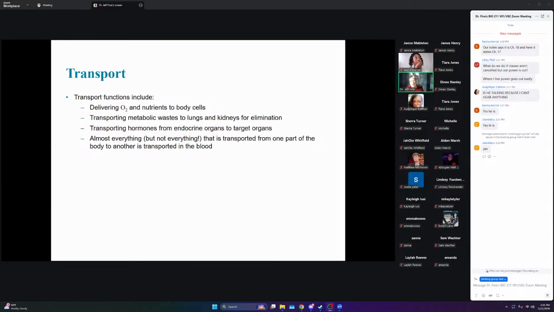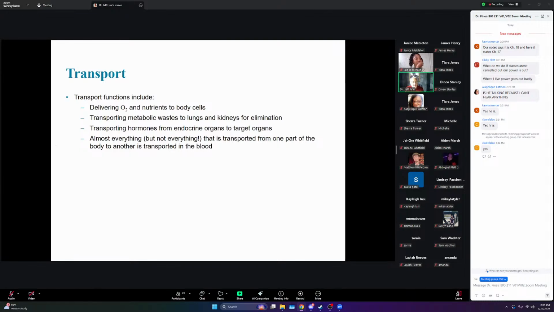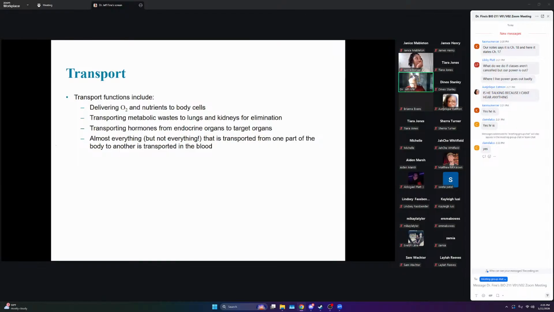Beyond delivering quality products like oxygen and nutrients and enzymes, it also removes the trash, okay? Metabolic waste. Carbon dioxide is the one that comes to mind a lot, right? When blood hits the lungs, it's oxygenated and then pumped out through the body, and that oxygen is dropped off at the cellular level.